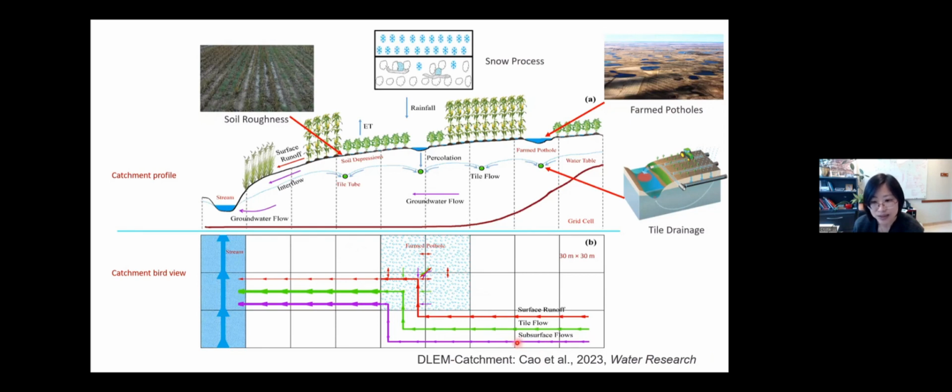The nitrogen that has been leached from each local pixel will move along each flow with a dynamic flow velocity. Due to different residence times of these flows, nitrate traveling with them has different decay rates. So at the final outlets, we can quantify how much nitrate loading is contributed by each flow each day.